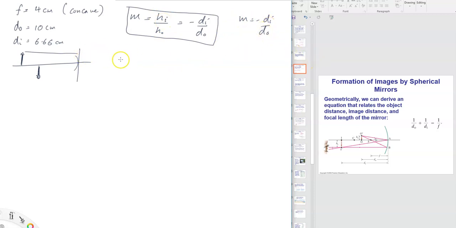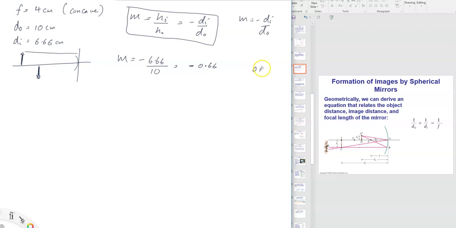So in this example, magnification is negative 6.66 over 10, that is negative 0.66. Magnification doesn't have a unit, it's just a ratio. It says negative 0.66. Negative means it's inverted.